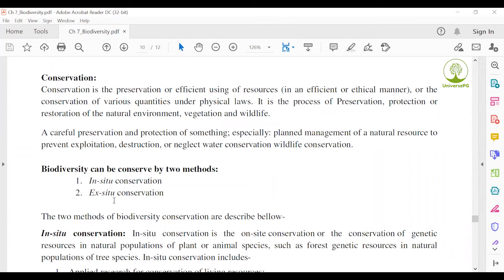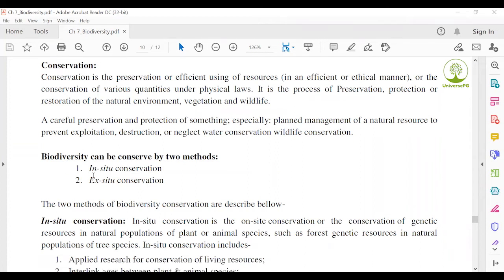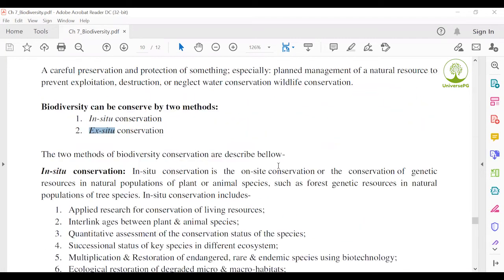Biodiversity conservation we can do in two ways: in situ conservation and ex situ conservation. In situ conservation: these types of species are being lost or becoming extinct from a natural environment.